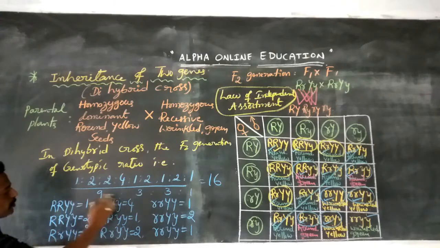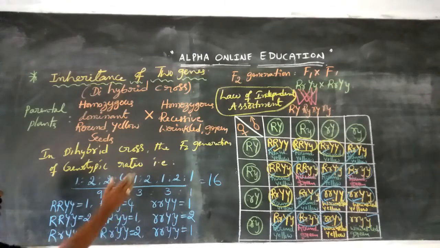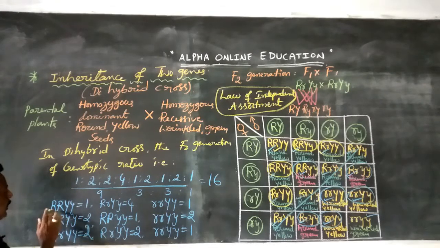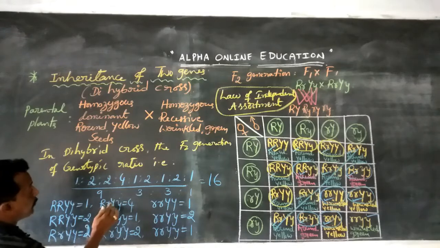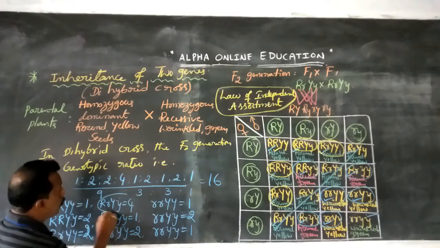So 16 genotypes will appear in the Punnett square board. But the single genotypes are here: capital R capital R capital Y capital Y, only 1. Capital R capital R capital Y small y, 2. Capital R small r capital Y capital Y, 2. Capital R small r capital Y small y, 4.